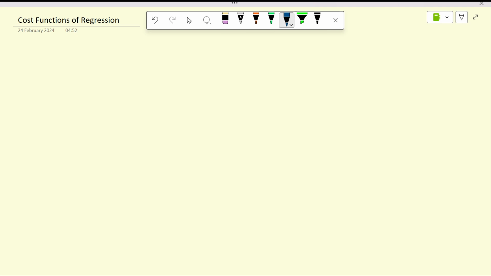So let's start with the agenda of this video. First, we try to define what the cost function is, particularly in regression, but in general, a cost function is defined for all other problems or modeling also, like classification problems or regression problems. Second is why we use it.